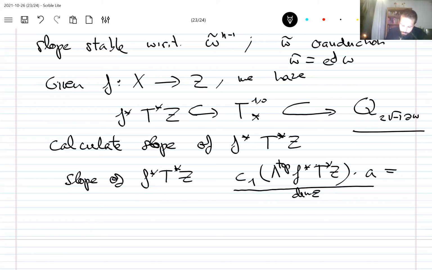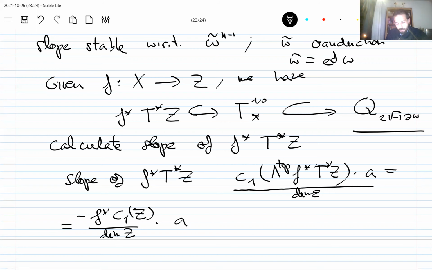And this is equal to the pullback of the first Chern class of Z with a sign, divided by the dimension of Z, times A. So now because this Q has 0 degree, the slope inequality gives you the claimed condition on D.